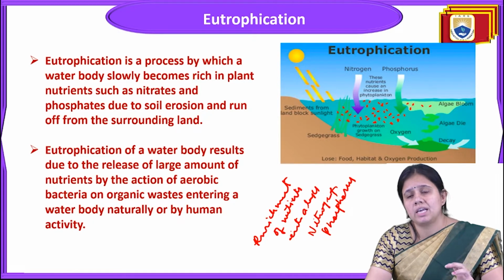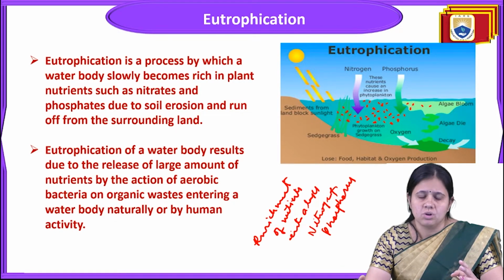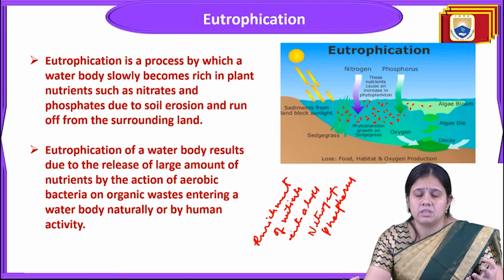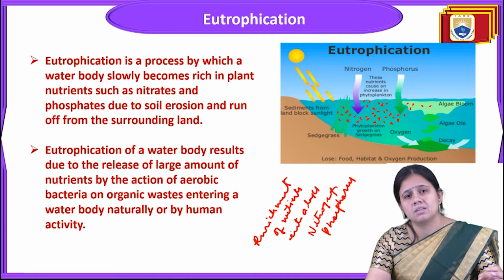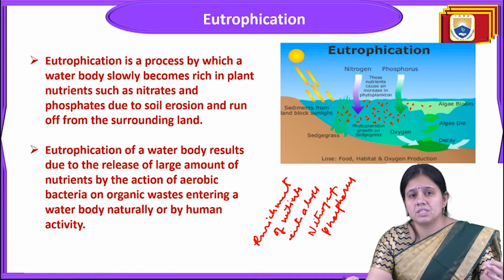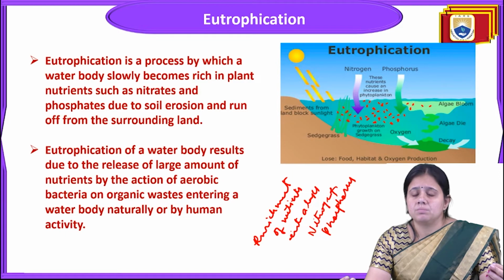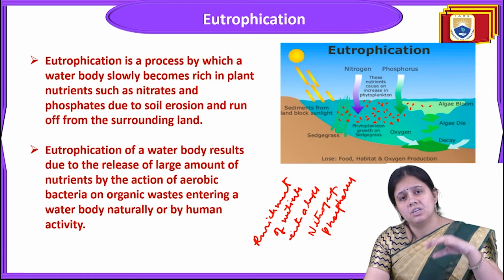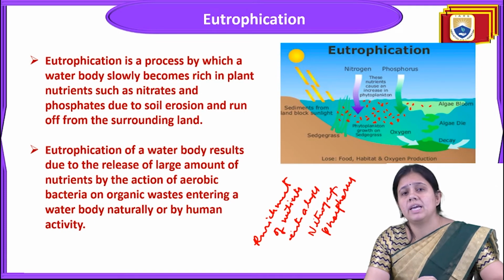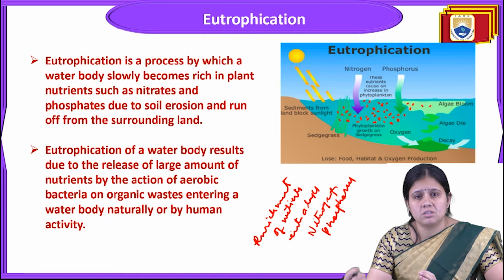Eutrophication is a type of water pollution also, because with the increase of these limiting nutrients, nitrogen and phosphorus, the water automatically becomes dense. Due to the density, fishes can't breathe, phytoplankton and zooplankton die, and sunlight will not reach the bottom of the lake, so dissolved oxygen is reduced.